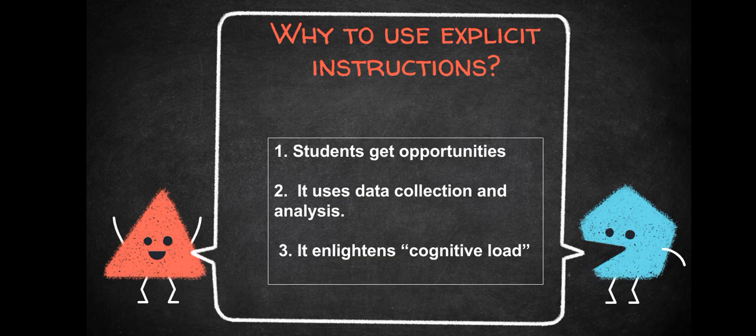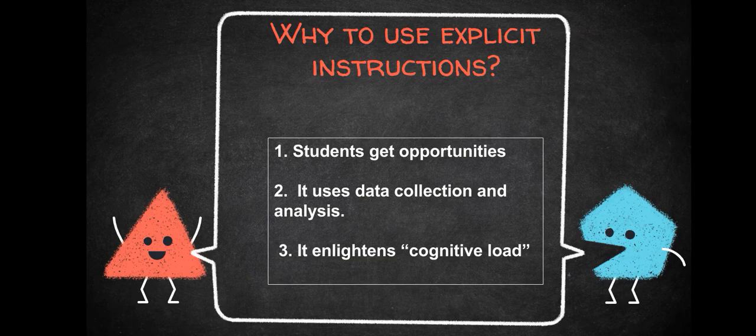So the last reason to use explicit instruction is that it lightens cognitive load. Students who learn and think differently often have trouble with working memory. That makes it hard to make sense of a long series of directions.